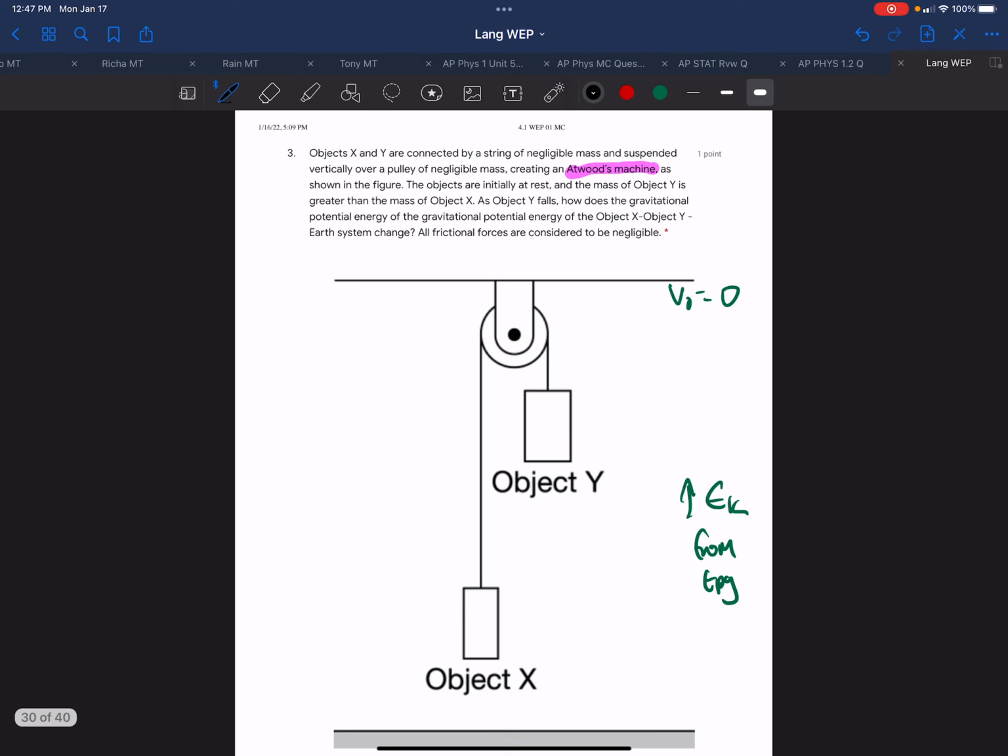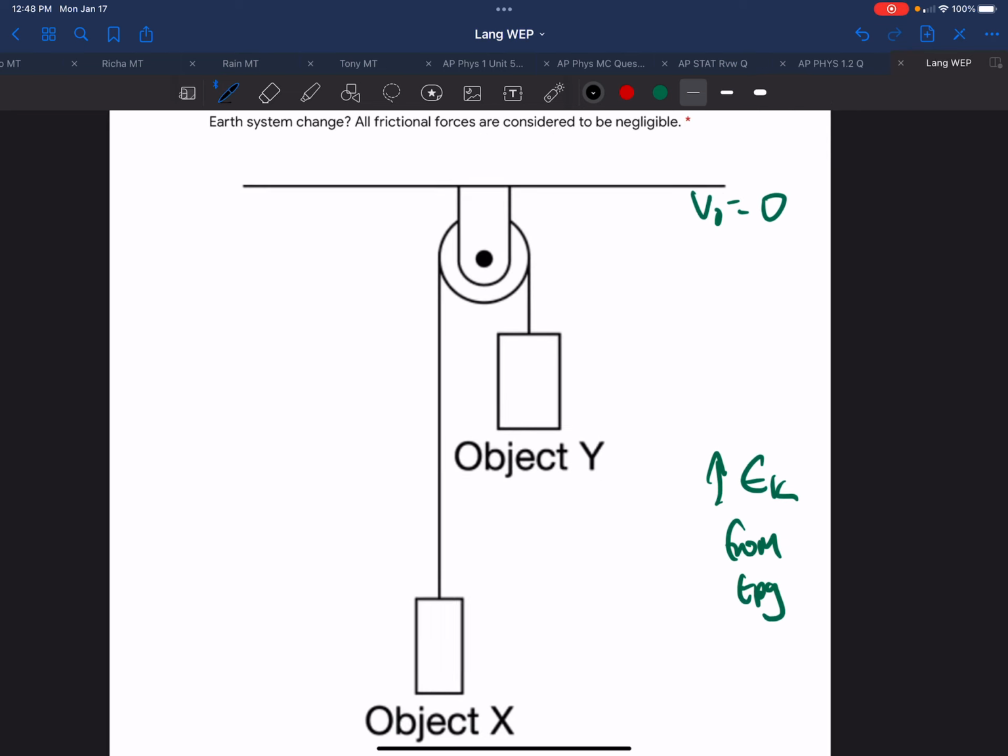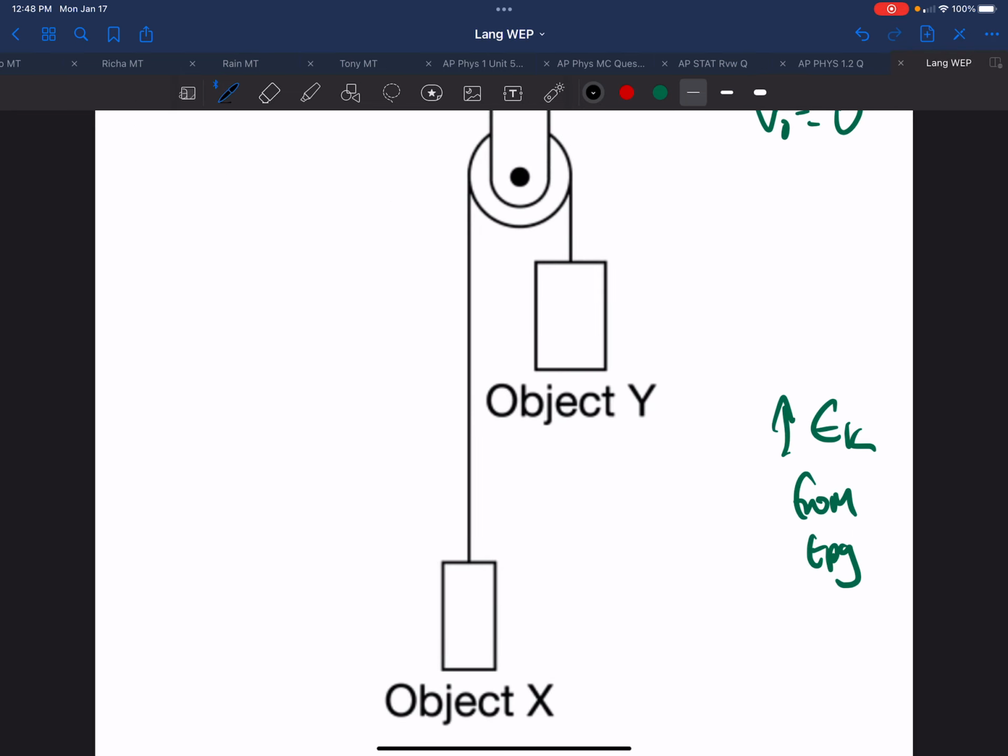Well, intuitively, it may seem like the center of mass must be moving downward. Remember, we can take any system and treat two bodies as if they're one, and combine them as if they're one. So if we take these two objects, and let's say this is the center of mass of this one, and this is the center of mass of that one, and we connect them by a straight line. And let's just suppose that this has a mass of m, and this has a mass of 3m.